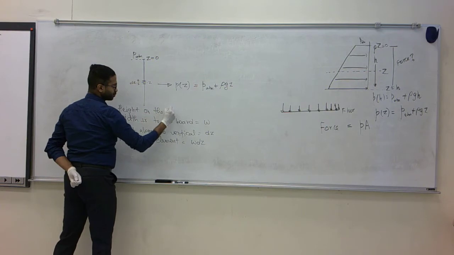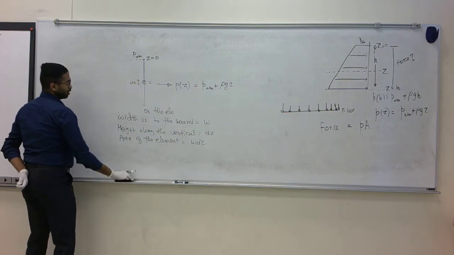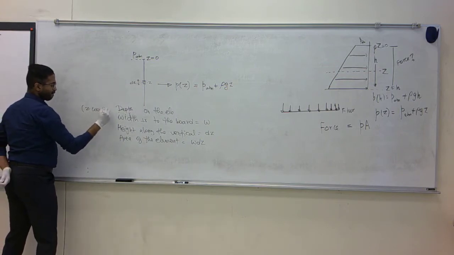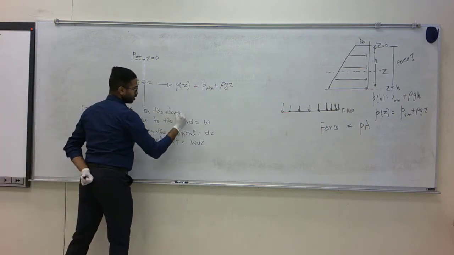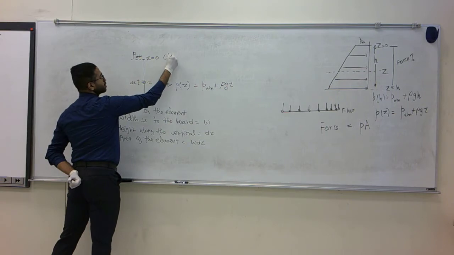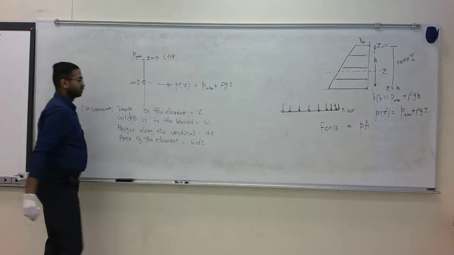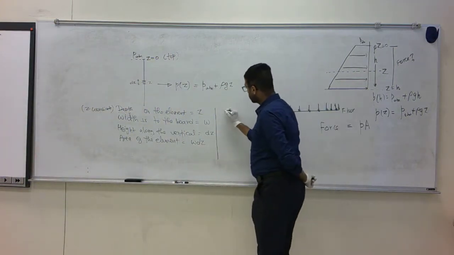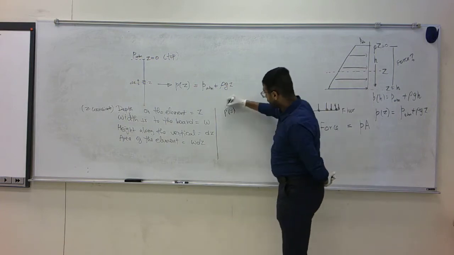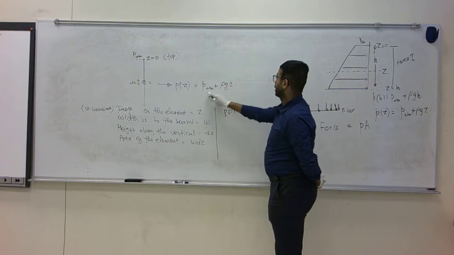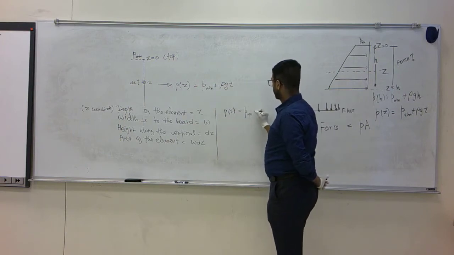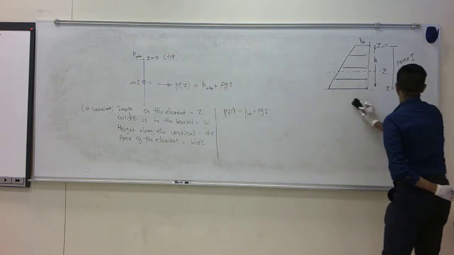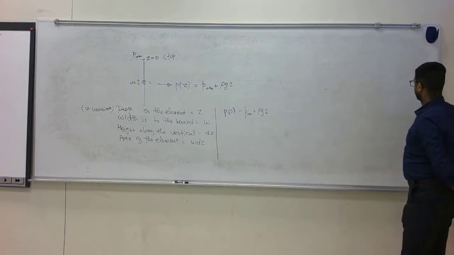That is, I am considering a patch whose area is w times dz, and this depth of the element, which is really the z coordinate of the element from the top surface, is z. Pressure at the element, the pressure at a depth of z, is P atmosphere plus rho g z.